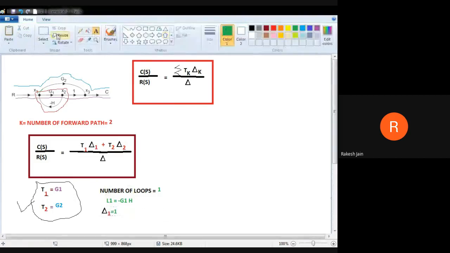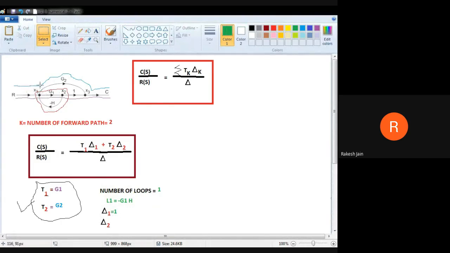Similarly, as I have already discussed, for del 2 check whether this loop touches the second forward path or not. So see, only one loop is there, minus G1H. The second forward path also includes the x1 node.